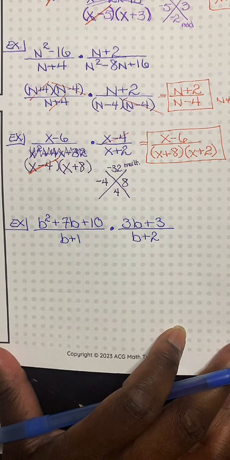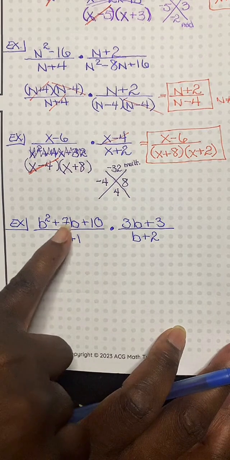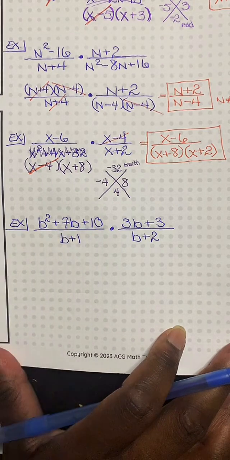I know. I know. The 7 is messing you up. Think about two numbers to give you 10 and add to give you 7.